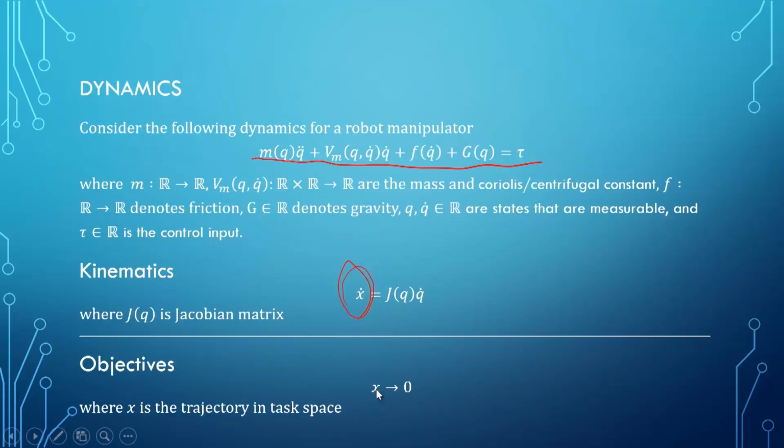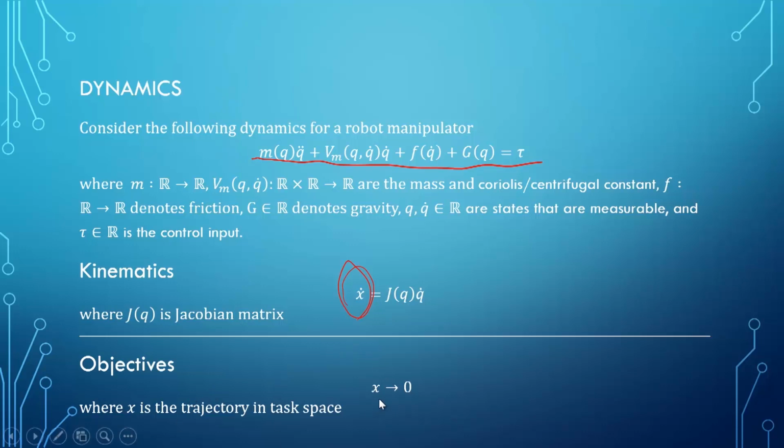Eventually the objective will be, for example, for an end effector to be held at a constant position in the space, for example, the origin. So the objective is for x to converge to 0, for the end effector to be at the origin. And that's x.